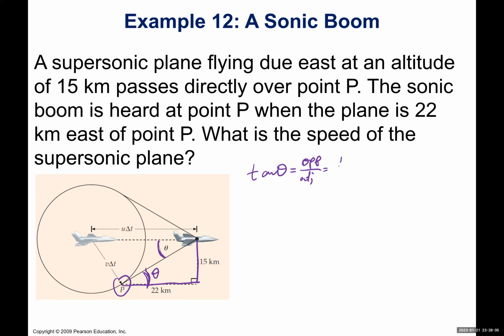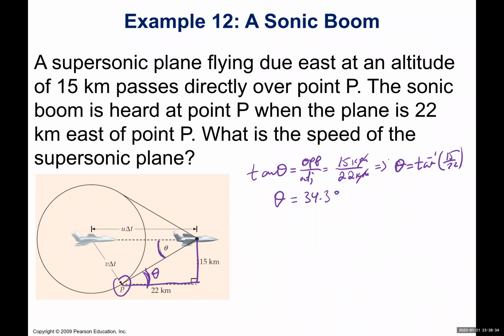In this case, opposite is 15 kilometers, adjacent is 22 kilometers. Units cancel out. And using that inverse tangent of 15 over 22, we should be able to get 34.3 degrees.